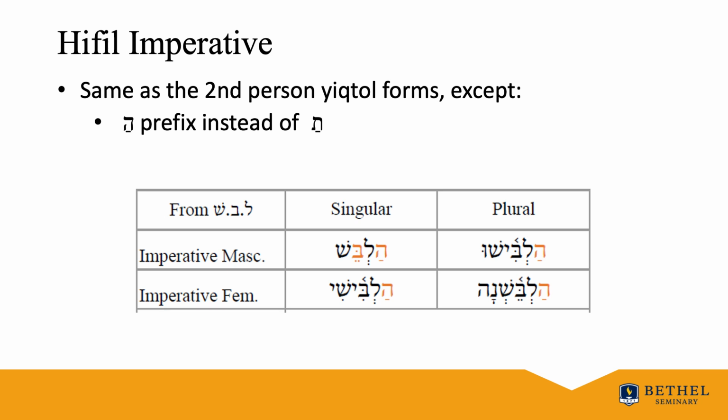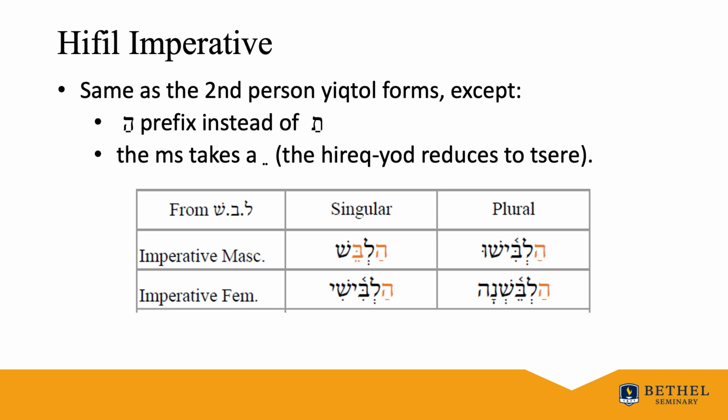imperative. There's one other change that we're going to note in the masculine singular imperatival form. We learned that in the imperfect, almost always, there's going to be the hirek yod vowel point between the second and third radical letter. Well, if you thought that vowel point would be retained in the imperative, it has actually changed. Now, instead of the hirek yod, you have a tzere vowel beneath the second radical letter.